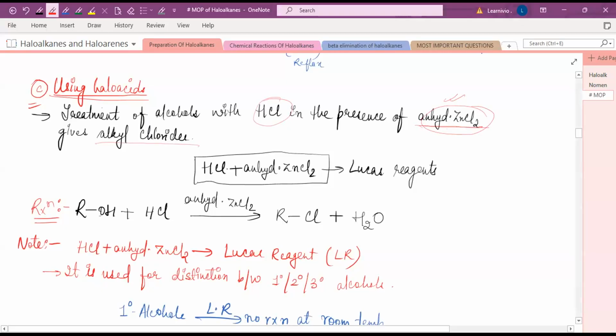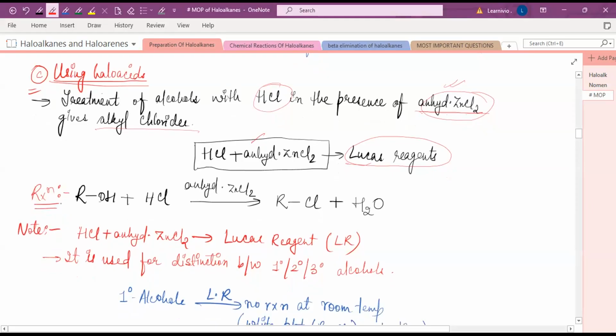What is this combination known as? The combination of HCl and anhydrous ZnCl2 is known as Lucas reagent. Just remember that. So see here.